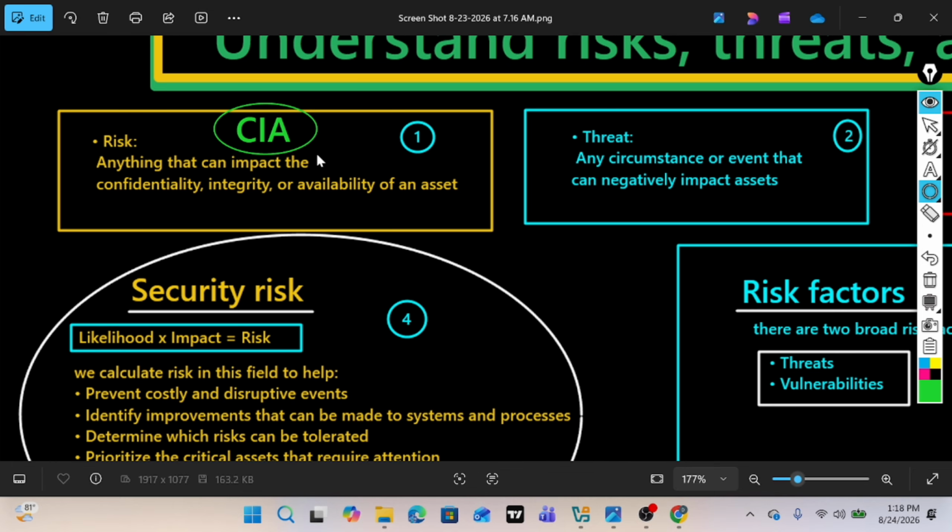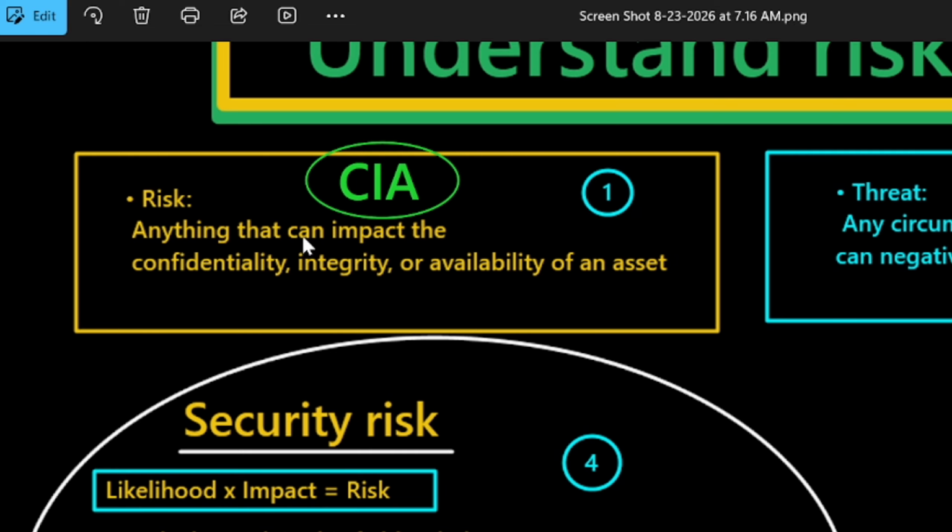Information is an asset, data is an asset. So an asset is anything that is of value, anything that is valuable to the organization. So now, risk is any situation that can impact the confidentiality, the integrity, and the availability of an asset.